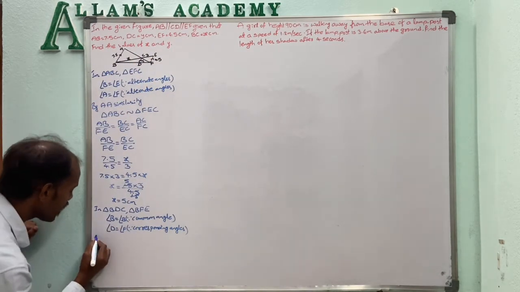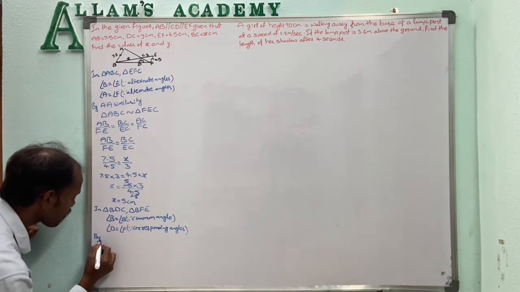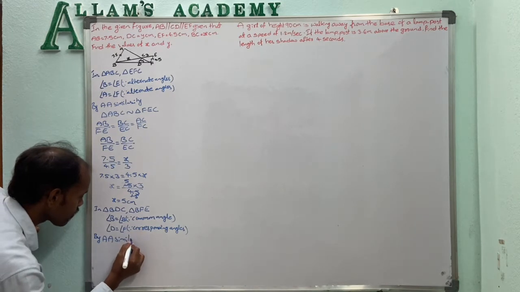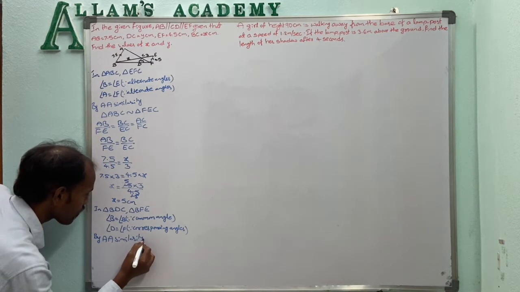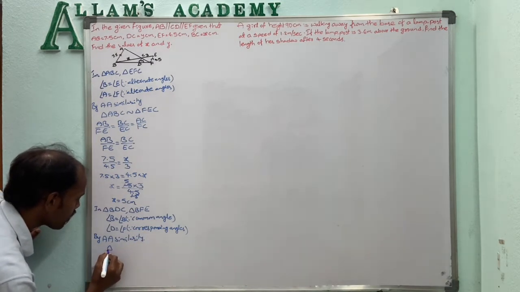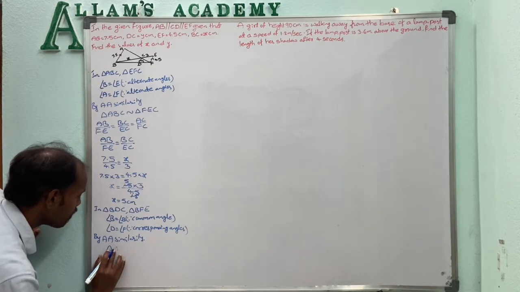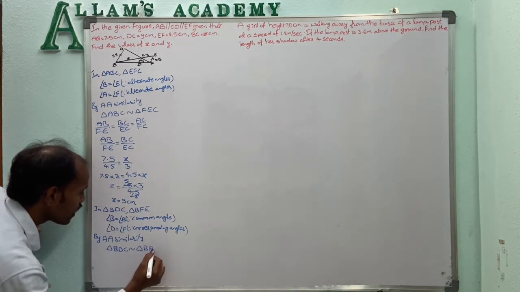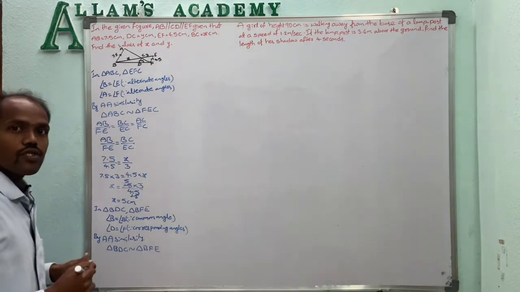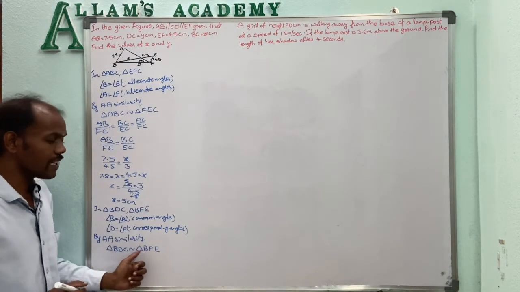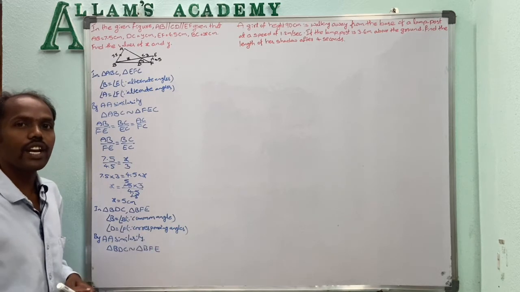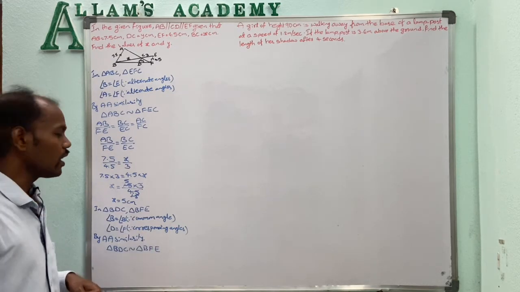So by AA similarity, triangle BDC is similar to triangle BFE, and their corresponding sides ratios are also equal.